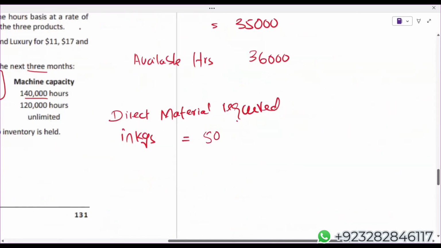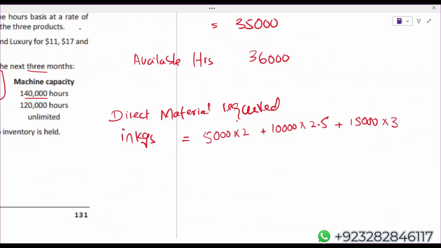Maximum demand for natural is 5,000 and 1 unit takes 2 kgs; fruity maximum demand is 10,000 and 1 unit takes 2.5 kgs; luxury is 15,000 and 1 unit takes 3 kgs. Now let me use the calculator. Students, 80,000. We need 80,000 kgs to fulfill the maximum demand, but available is less than that.